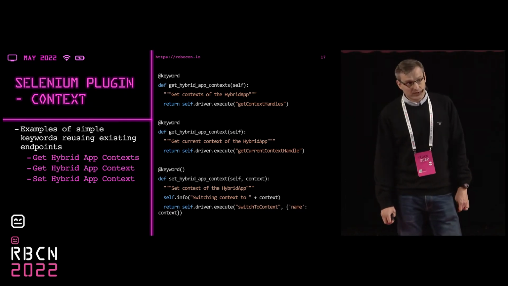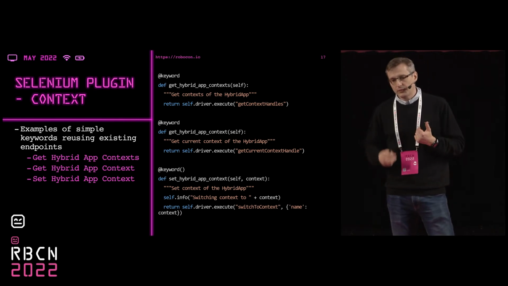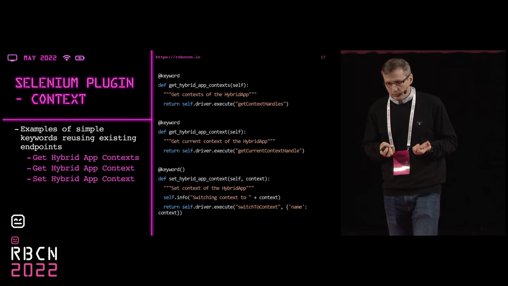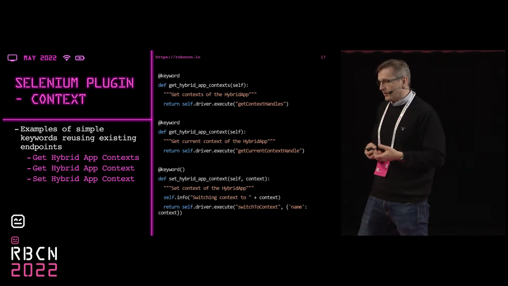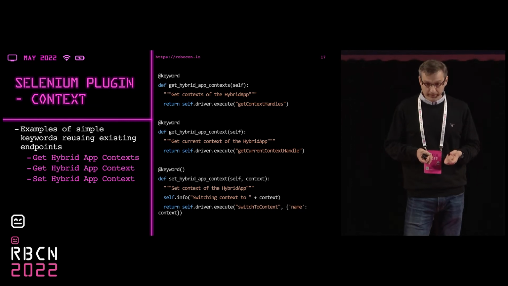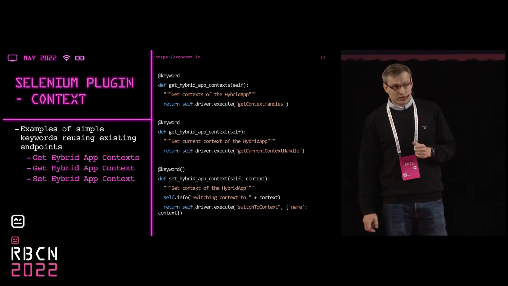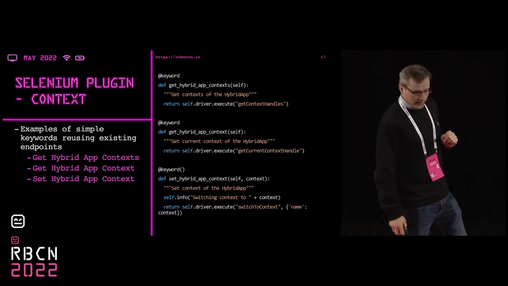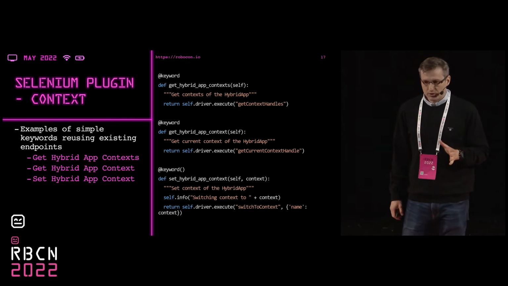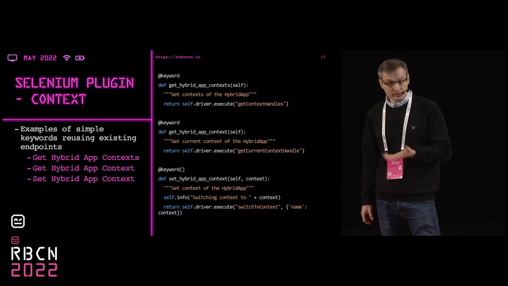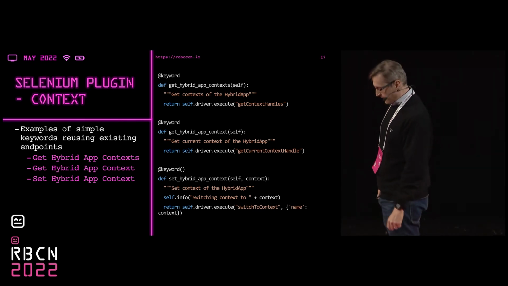When the app starts, for some time it is just starting the native part, and after a while it loads the web content. That is when the context changes. Initially it is native context, and then it changes to web context. It's called the web view content.